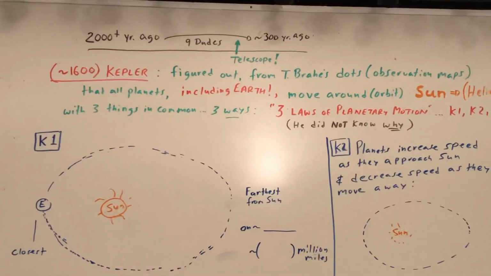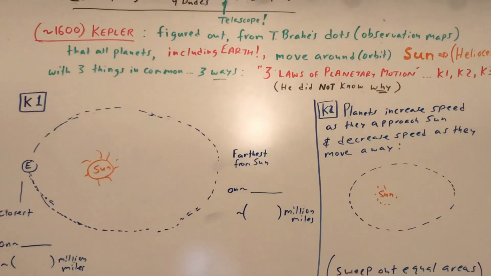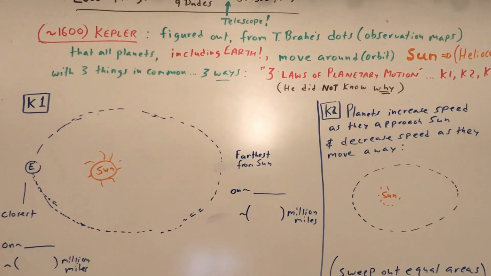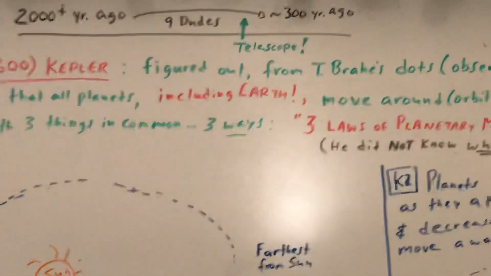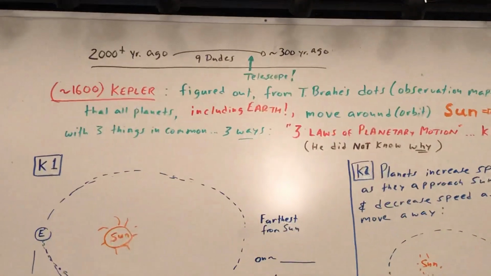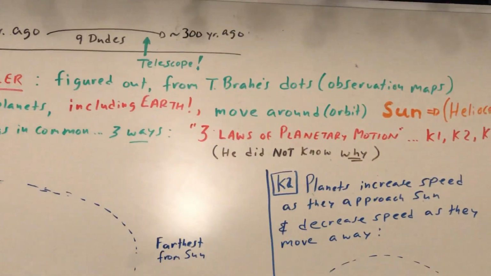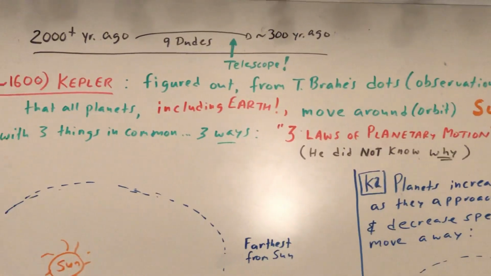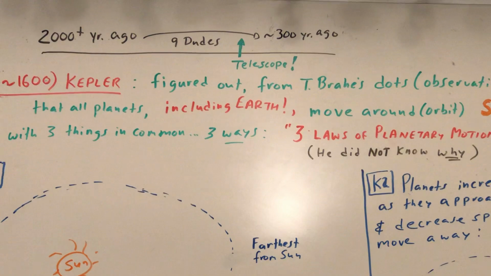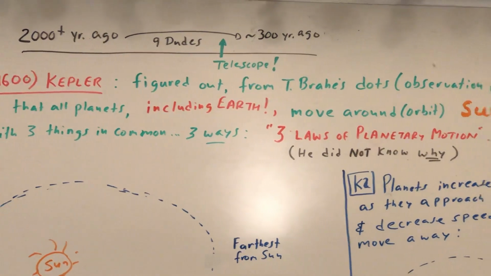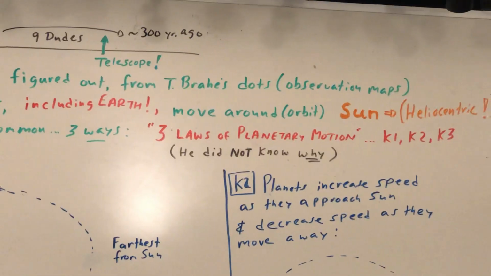All right. So what did Kepler find from those dots? Let's zoom in, don't look too much. He figured out from Tycho Brahe's dots, from his observation maps, that all planets, including Earth, what? Earth is moving? It doesn't feel like Earth is moving. Sorry, Tycho, you're not quite right there.